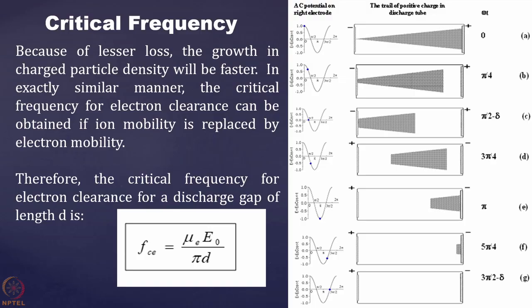That is why the breakdown voltage increases. And finally, a frequency comes when we can take out the electrodes, as none of your ions or electrons are getting collected.